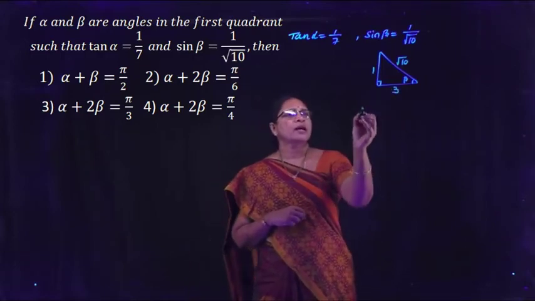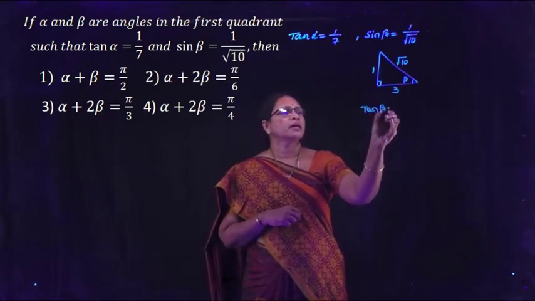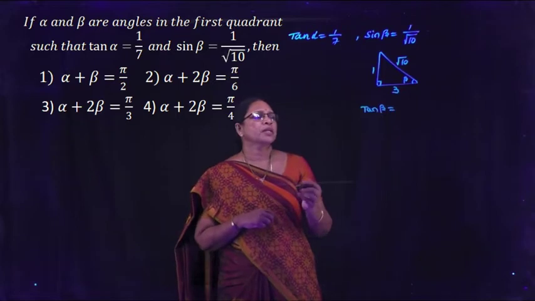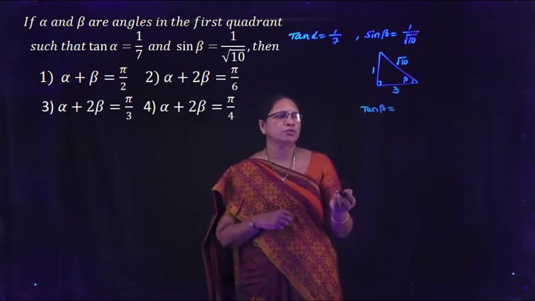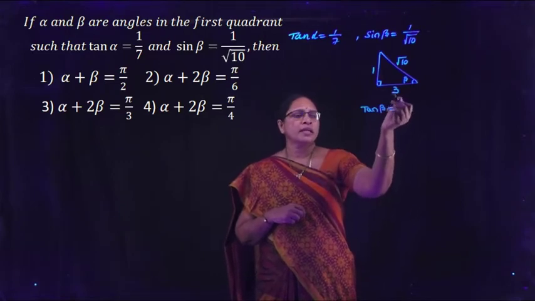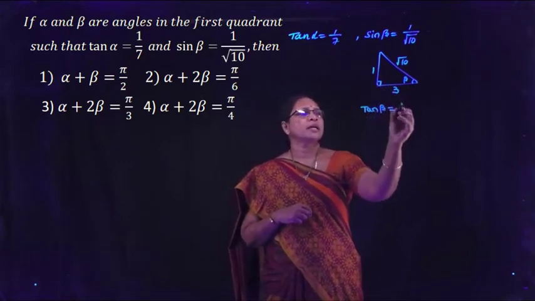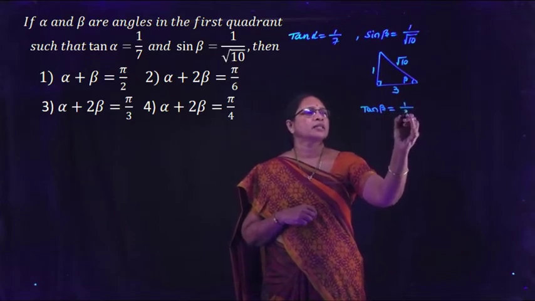Now we can write the value of tan beta. Here we know that beta is in first quadrant. In first quadrant tan beta is positive. In a right angled triangle tan beta is equal to opposite side by adjacent side, that is 1 by 3.